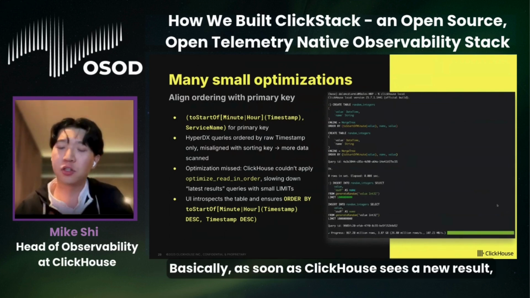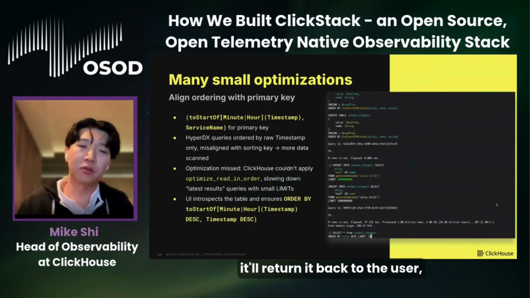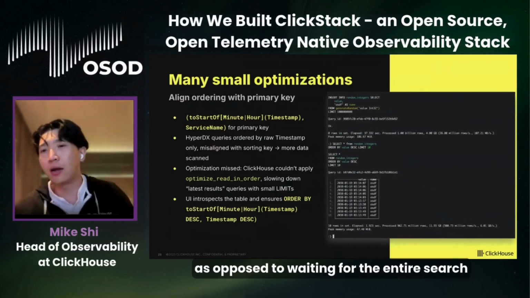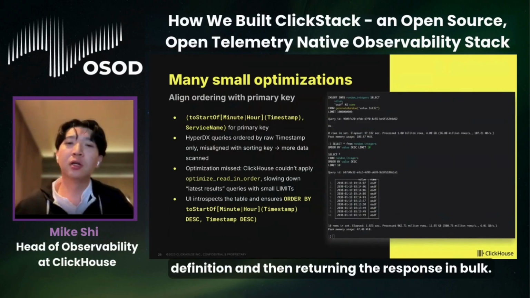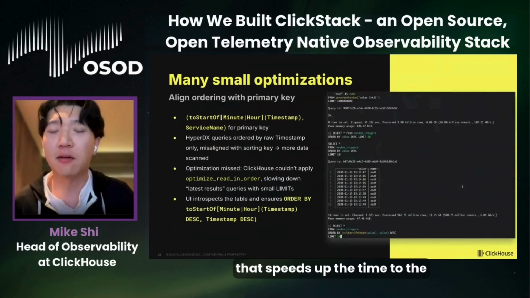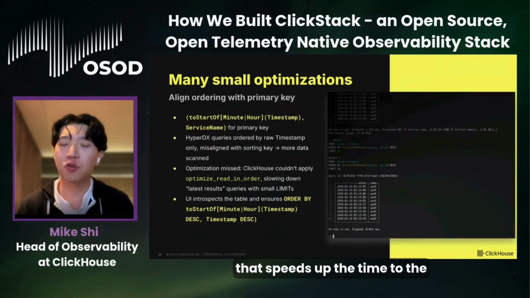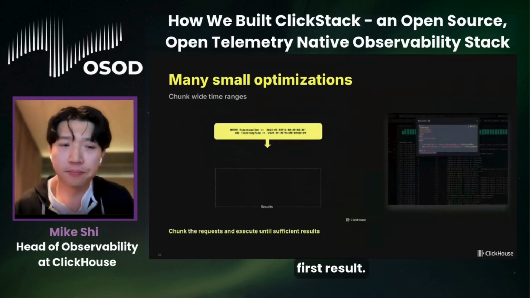Basically, as soon as ClickHouse sees a new result, it will return it back to the user, as opposed to waiting for the entire search to finish and then returning the response in bulk. And that speeds up the time to the first result.